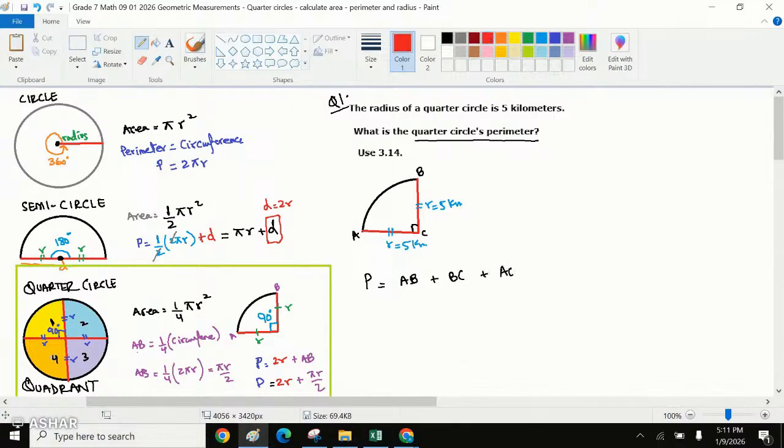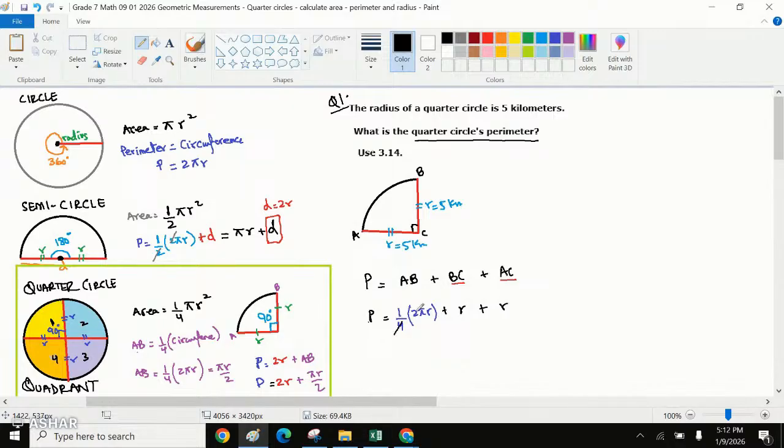We know that BC and AC are the radius. AB was basically 1/4 of the outer ring, that is the total circumference, so that was 1/4 of 2 pi r, plus the radius plus the radius.